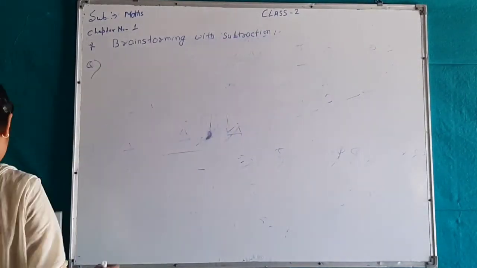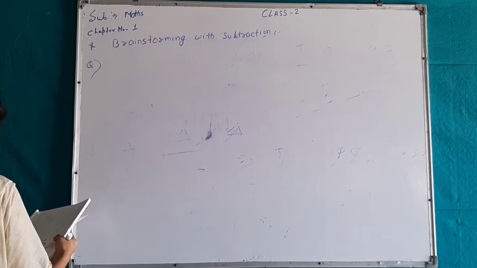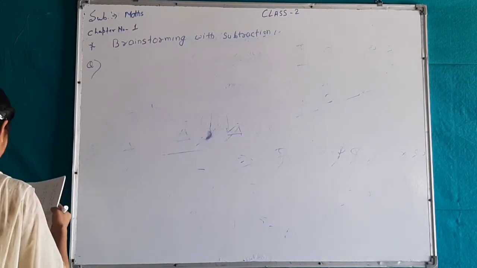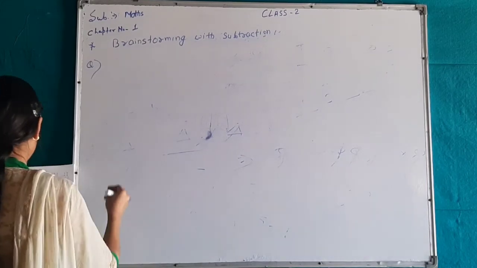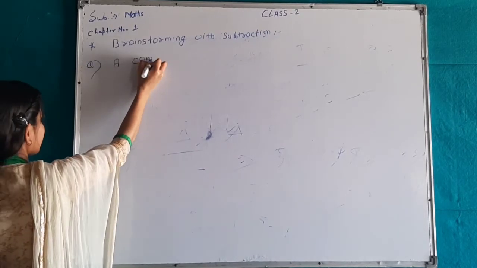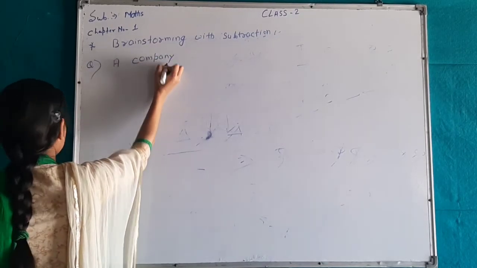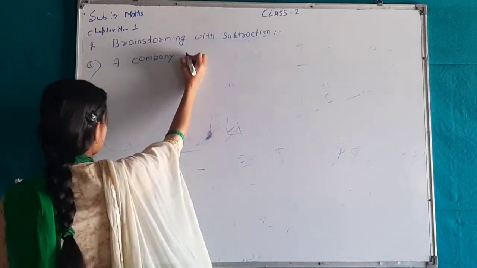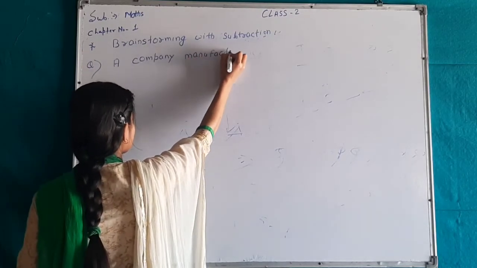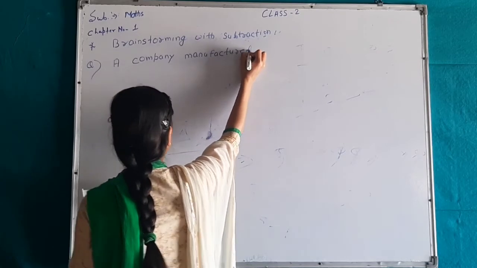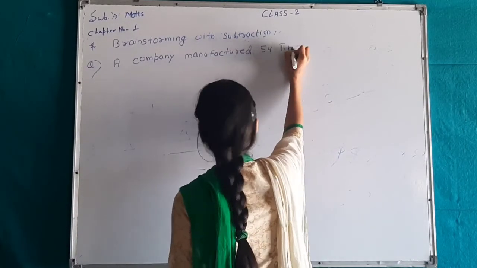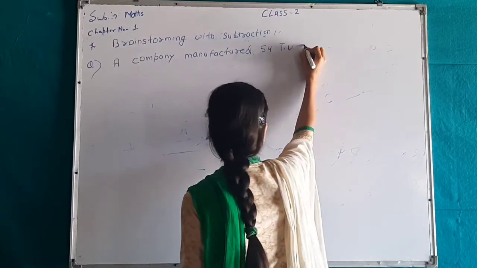Our question is: a company manufactured 54 televisions, meaning TVs, in a month.